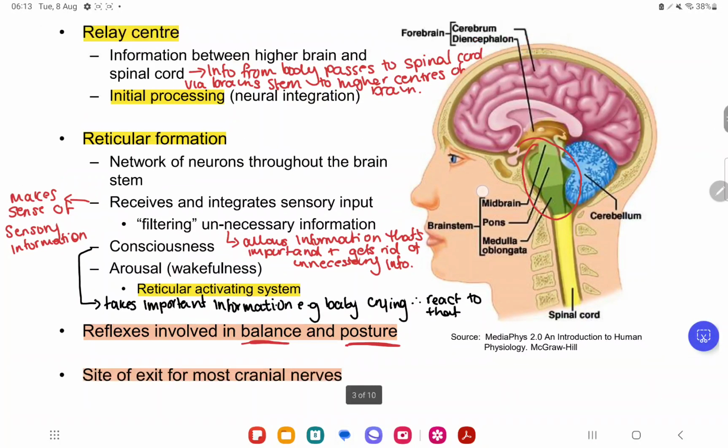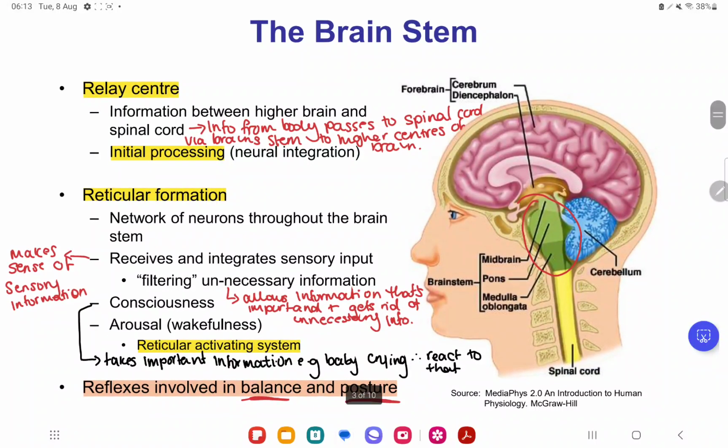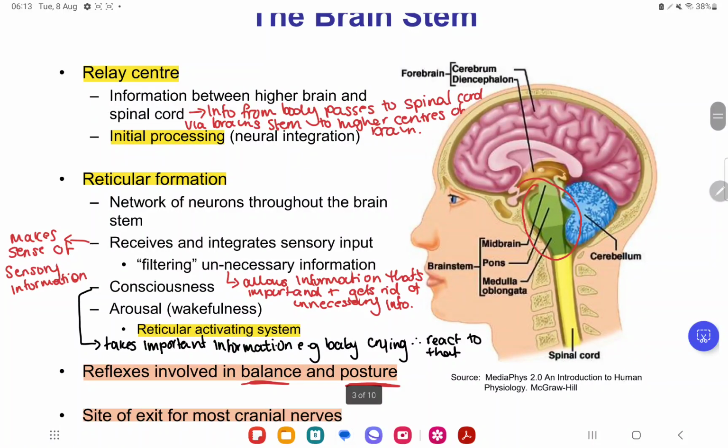So if we now recap, and I'm sorry if this sounds all complicated, the take-home message is that the brainstem is referred to as the relay center. It's the relay center because it's where information from the body passes to the spinal cord via the brainstem and goes to higher centers of the brain, and it's where initial processing can occur, i.e. neural integration.